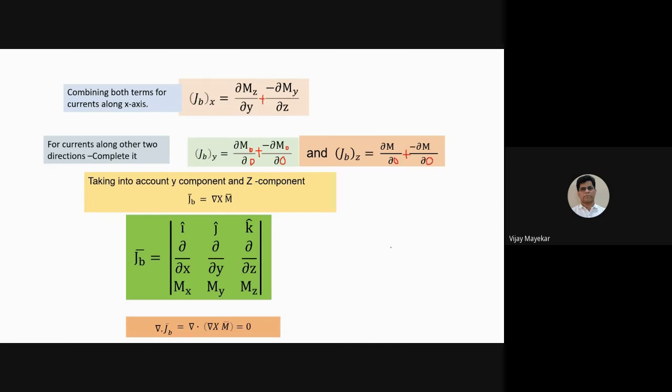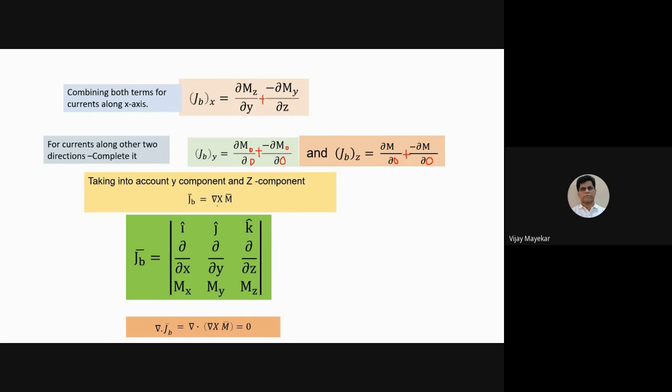So when we are preparing these components in this manner, JB bar is actually given as the curl of M bar. How M bar gets a curl, getting position inside that particular chunk, all depends on the JB current.